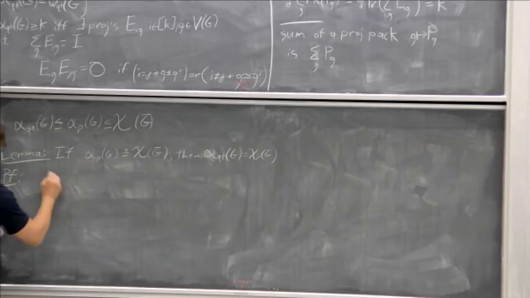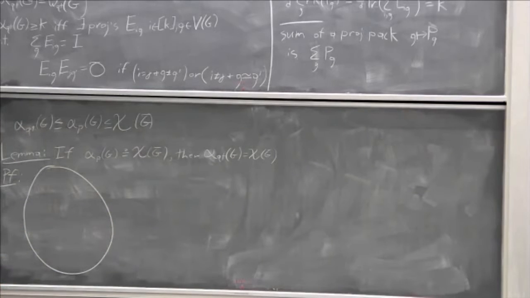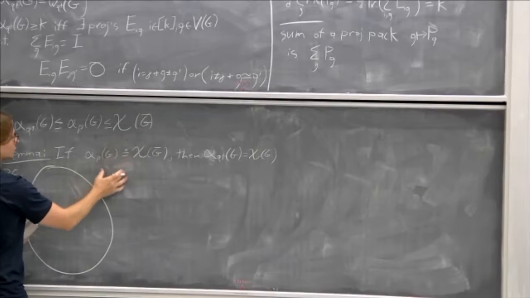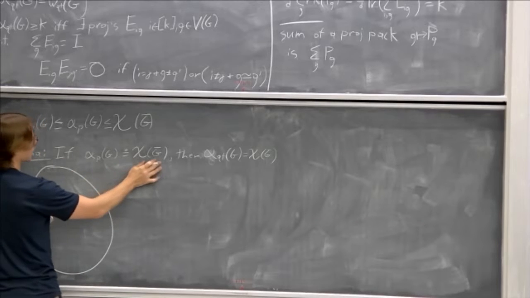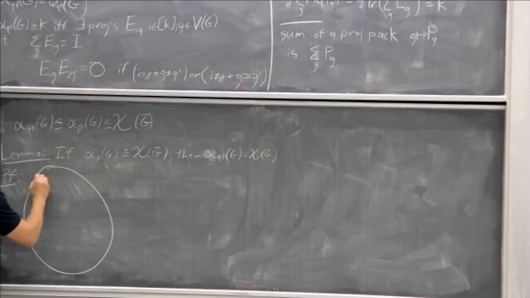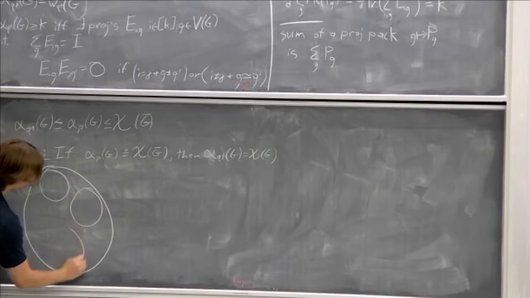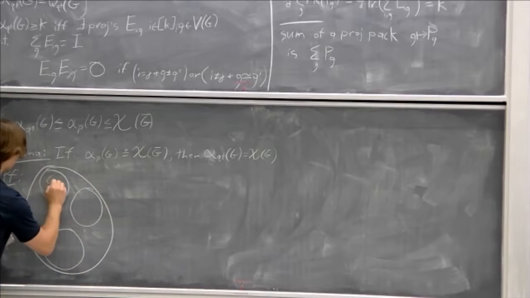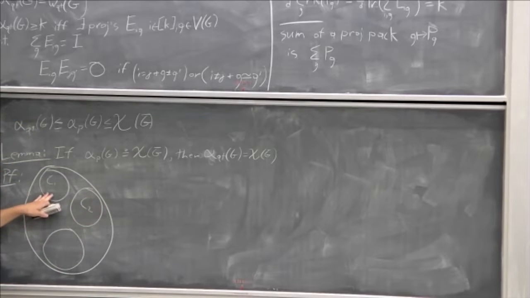Okay, so suppose we have our graph, and suppose this holds. Let's consider an optimal coloring of the complement. That means I have a partition of the graph into some cliques, C1, C2, and so on. In any projective packing, all the things assigned to the vertices of a clique have to be mutually orthogonal.